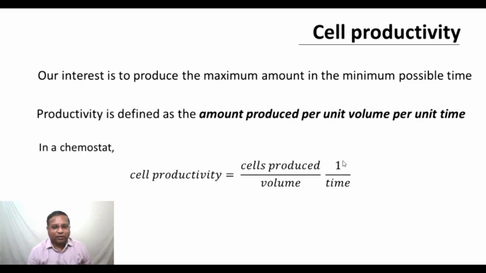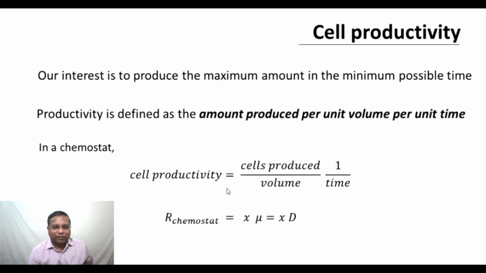In a chemostat, the cell productivity is therefore the amount of cells produced per unit volume per unit time, if the cells happen to be the product. Even otherwise, if the cells are producing a product, we would also like to maximize the cell productivity, because that would directly translate to an increase in production of the molecule inside the cell. More the number of factories, more the product of interest too. Therefore, we are looking at cells themselves.